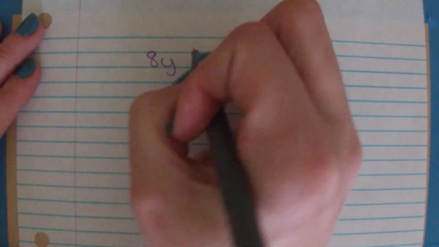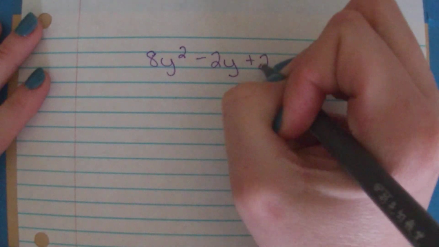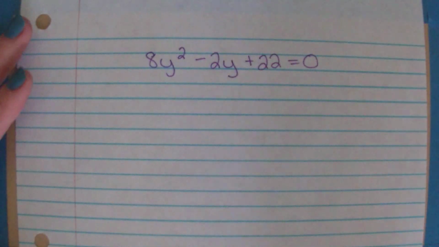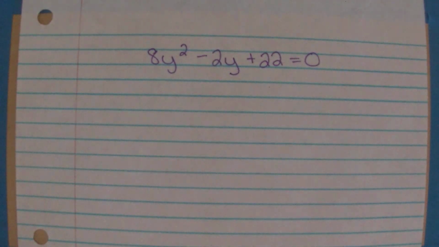So let's look at one more here. Let's say we have 8y squared minus 2y plus 22 equals 0. Now, first thing, hopefully we look at this and we realize there's no way we want to solve this by any other method that we've looked at.